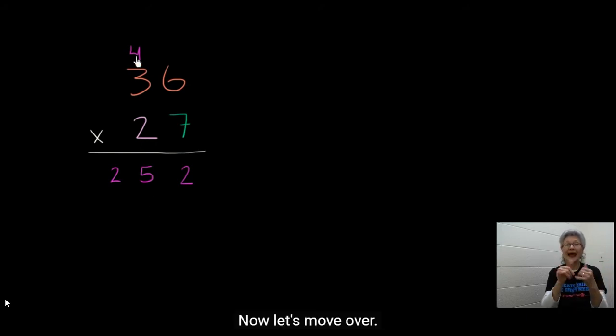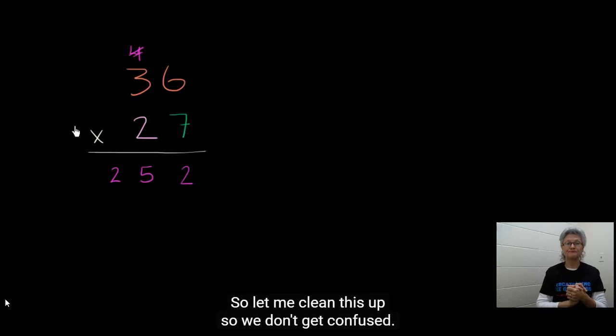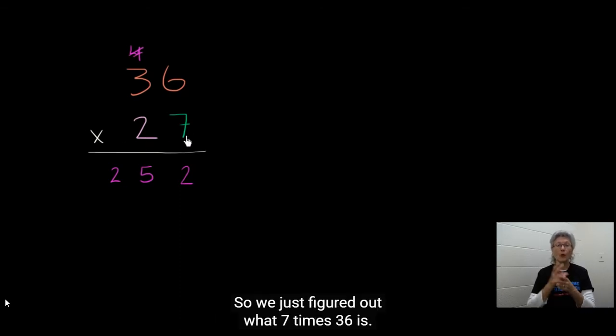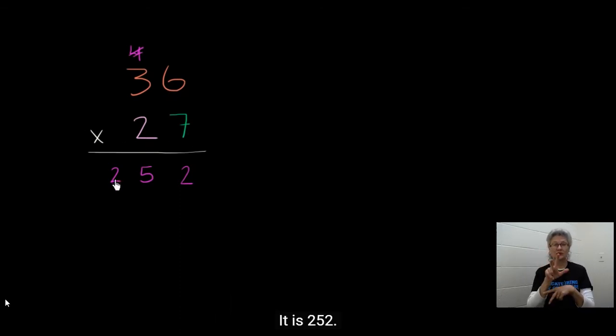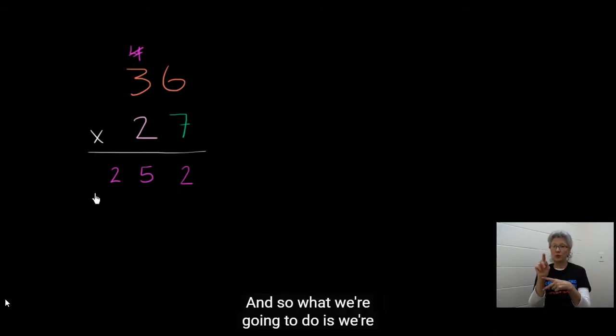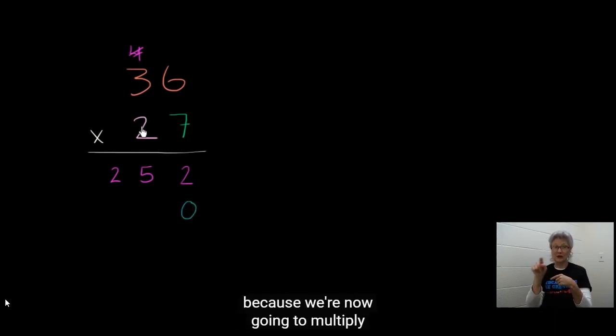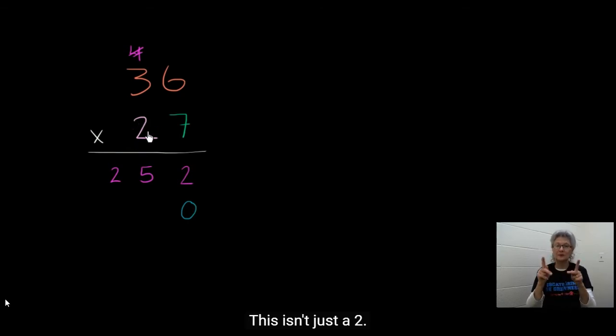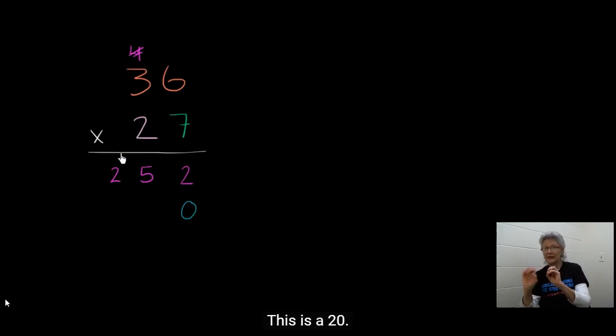Now, let's move over. So let me clean this up so we don't get confused. So we've just figured out what 7 times 36 is. It is 252. Now let's worry about what 36 times 20 is. And so what we're going to do is we're going to throw a 0 right over here, because we're now going to multiply 36 times something in the tens place. This isn't just a 2, this is a 20.